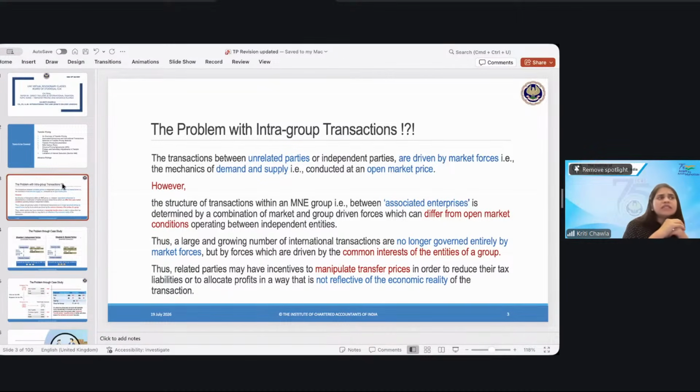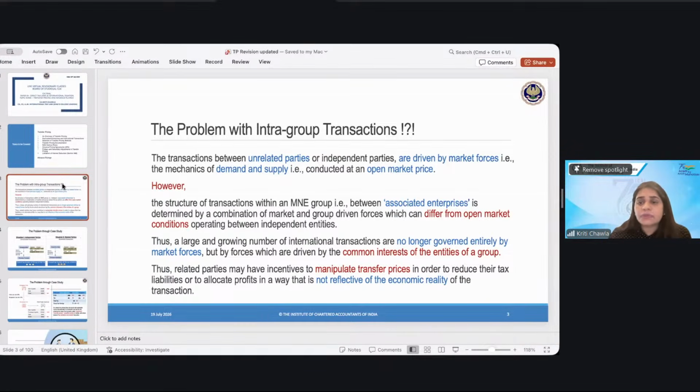But the problem is that, when related parties or associated enterprises transact between themselves, these market driven factors are a little different. They do not really transact at an open market price, but at a price which is governed by the relationship that exists between them.